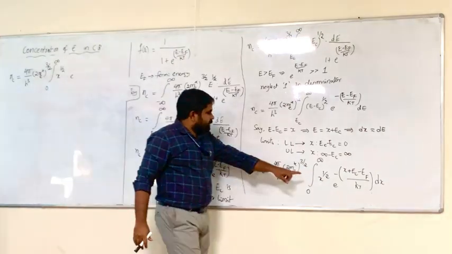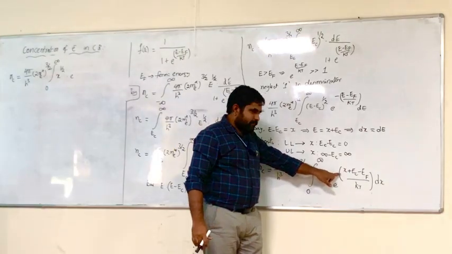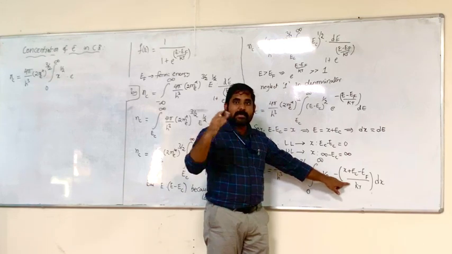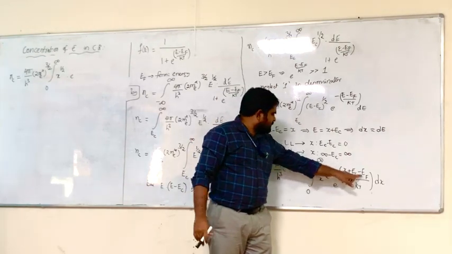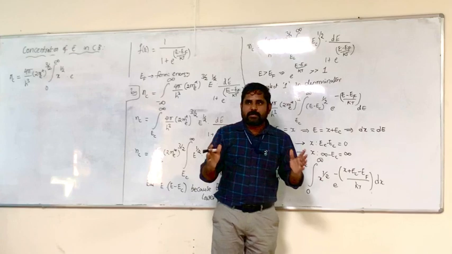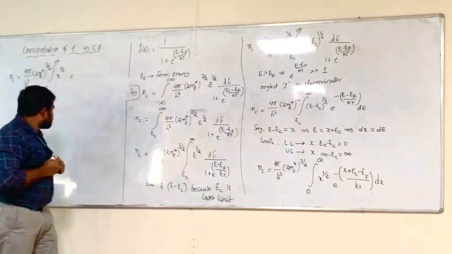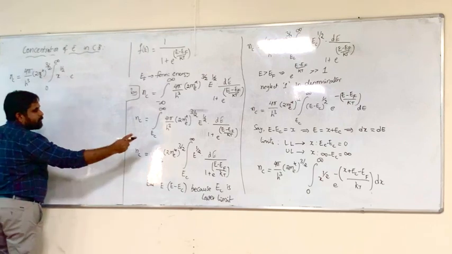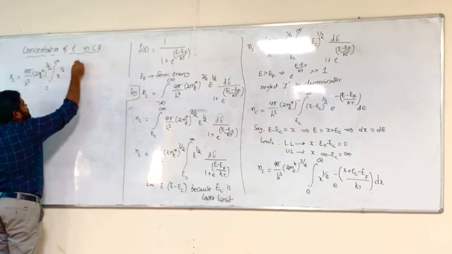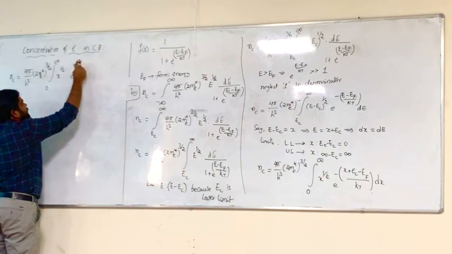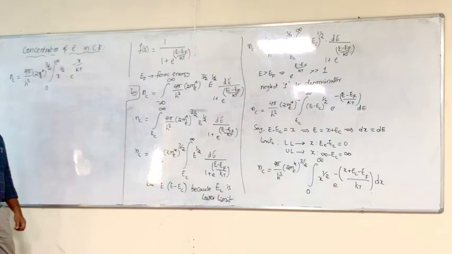Now if you want to split, it is e power minus x by kT into e power minus (Ec minus Ef) by kT. So splitting, plus will not come or minus will not come, into will come. So e power minus x by kT is a function of x, it is not constant.